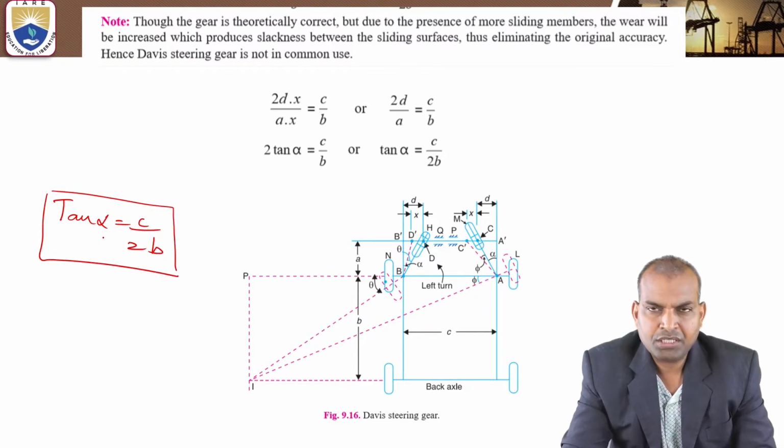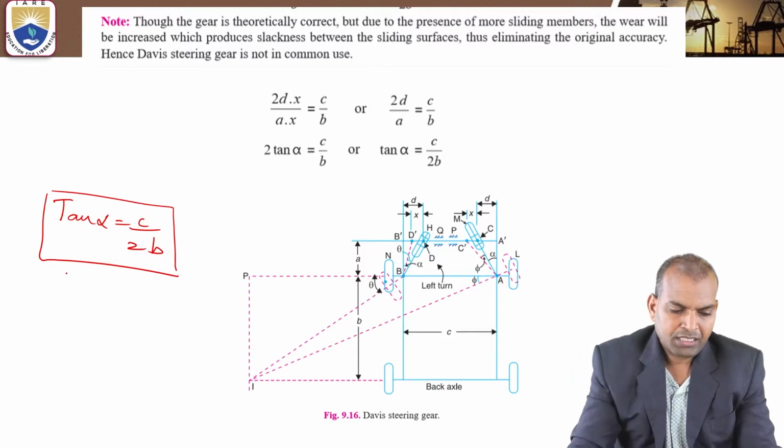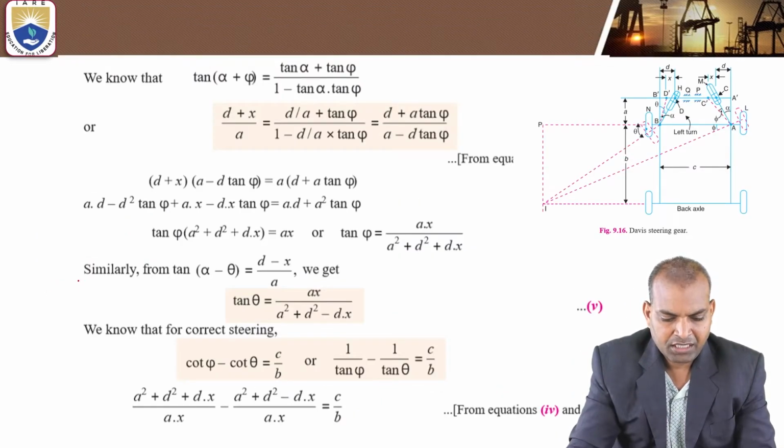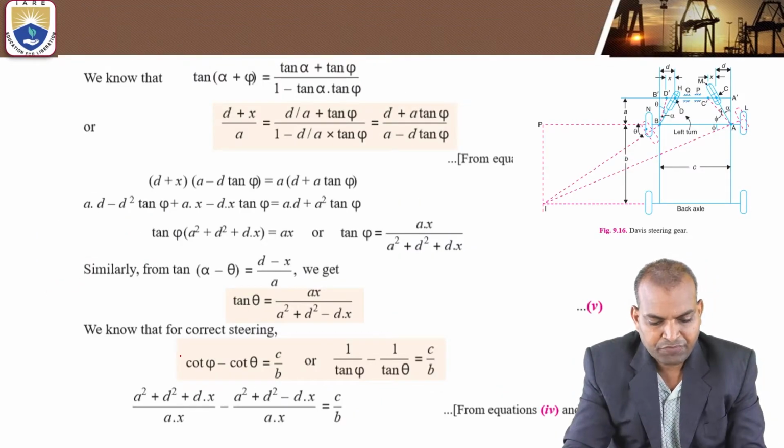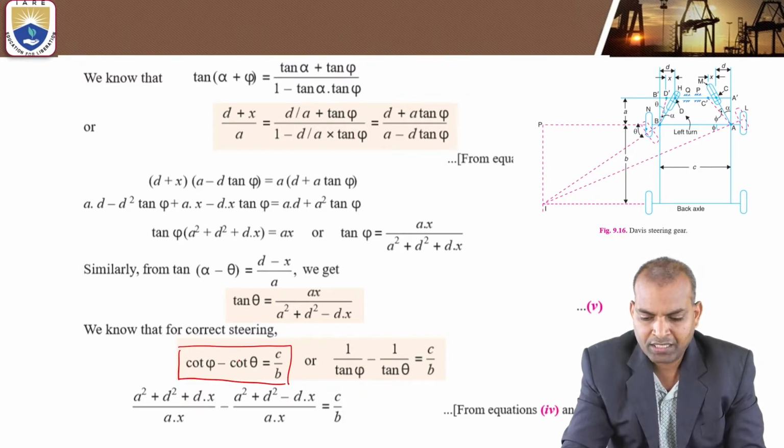This is the equation obtained after satisfying the condition for correct steering, that is cot phi minus cot theta equal to C by B or W by L.